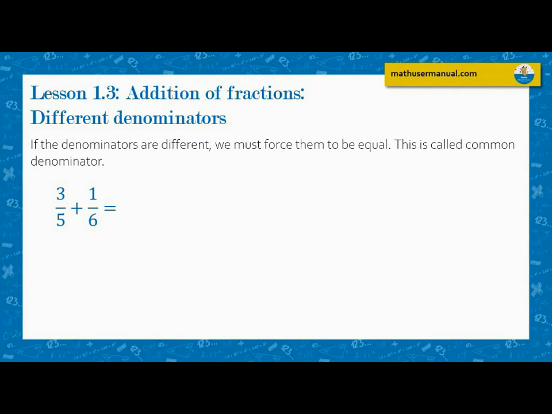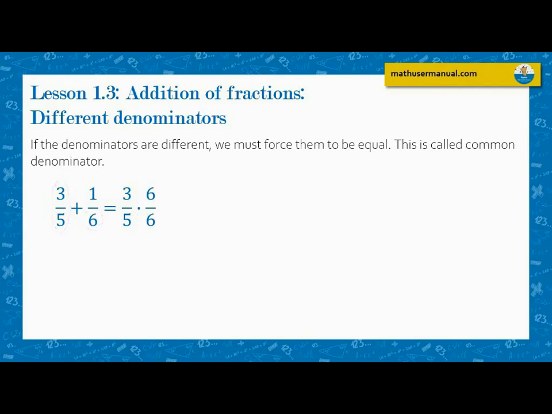The first method is to follow the same steps every single time. Write the first fraction, just copy it as it is, 3 over 5. And then you multiply that first fraction times the second denominator. The denominator is 6, so we multiply that times 6 over 6.